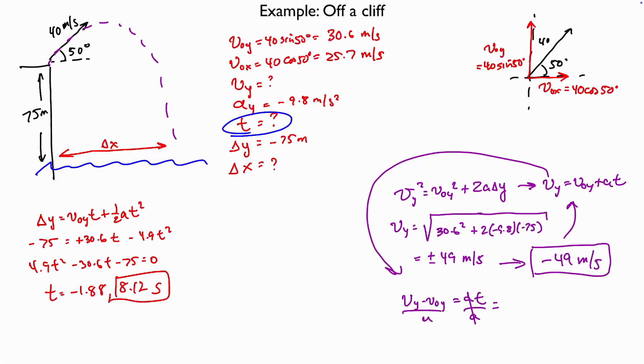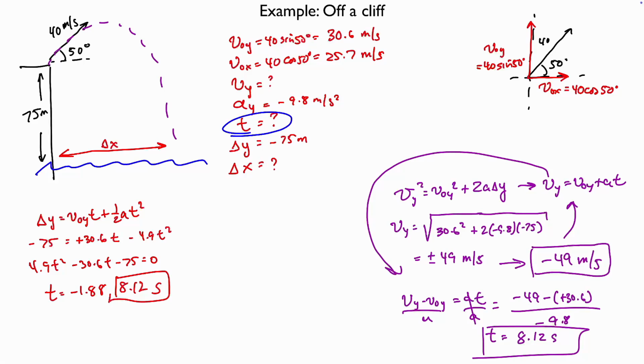So T is going to be Vy, my final, which is negative 49, minus my positive initial 30.6, all over, and I'm now panicking because it looks like negative time, but in the bottom, it's negative 9.8. Which means all my negatives are going to go away, and I'm going to get a time of 8.12 seconds. So what does that tell me?